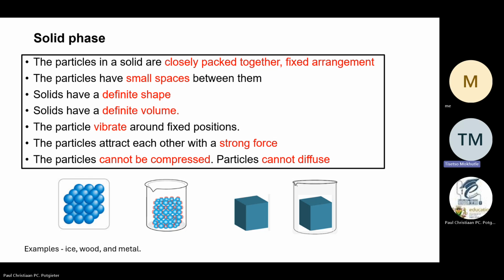Let us look at the diagram here of a cube. A glass cube here on the third diagram. There's a glass cube which is outside the beaker. You see the shape of the solid substance outside the beaker is the same as the shape of the solid substance within the beaker.